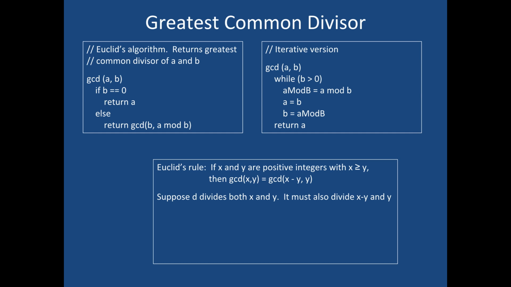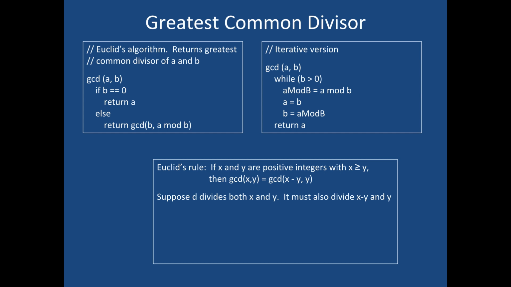Yeah, it's just right. To take a modulus, one way to do it is to do multiple subtractions until you get the number small enough. You subtract the modulus over and over again until you get small enough. Rather than do a whole bunch of subtractions, which Euclid would have done, we're just doing a modulus, which does it in one step. So let's see if we can prove Euclid's rule.